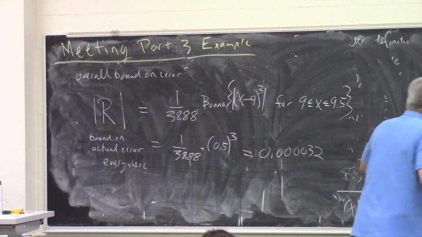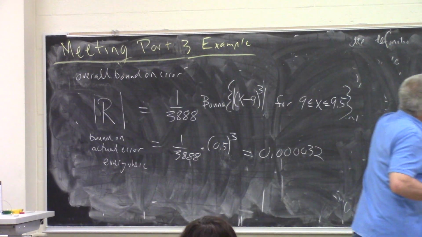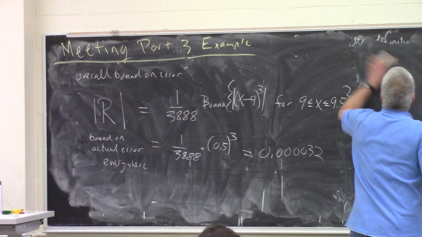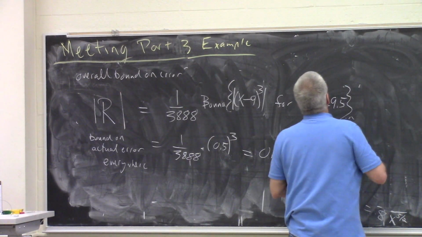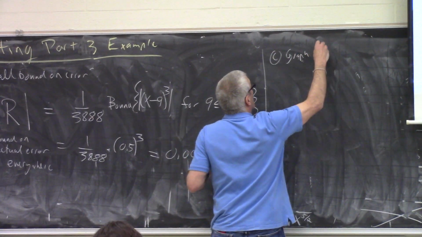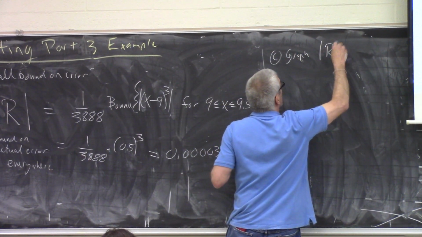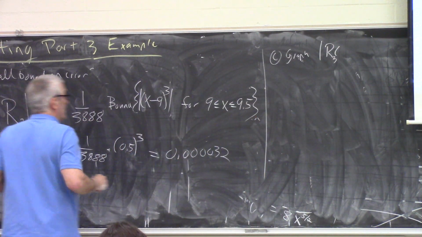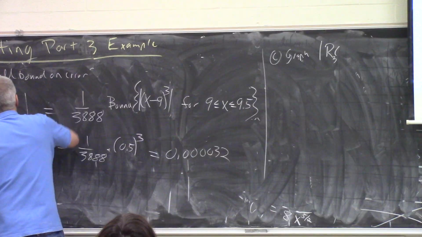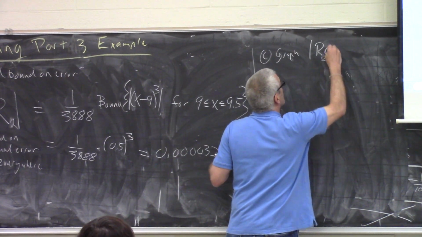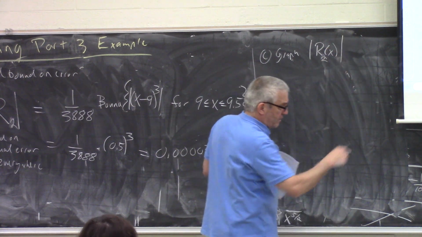Now, on your homework there's a question C. Actually, it's in the book as well. Graph R2 of x, the absolute value of R2 of x. Well, that's that formula over there.